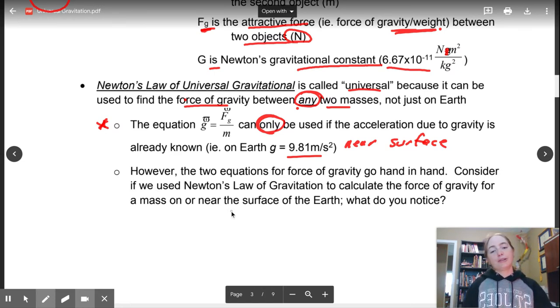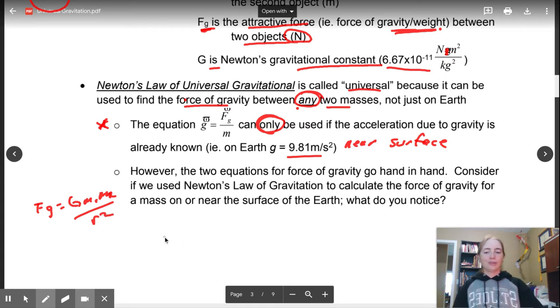However, ladies and gentlemen, if we don't have this value, you can use our universal equation. All right. So, for example, because we can, let's calculate what the force of gravity would be between a mass and near the surface of Earth.